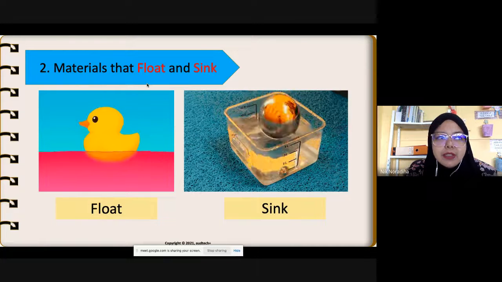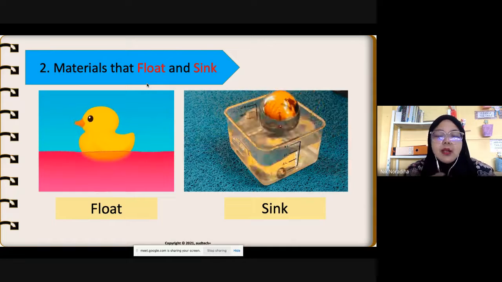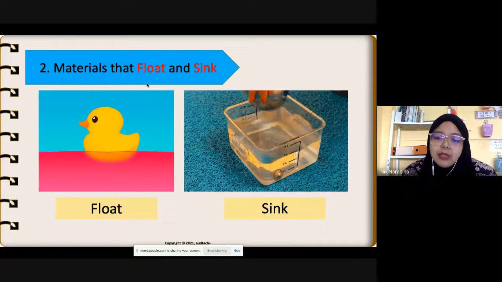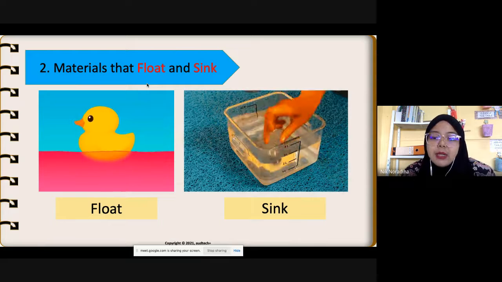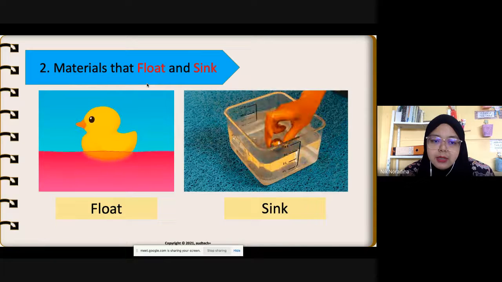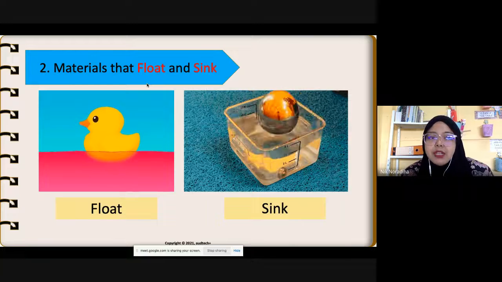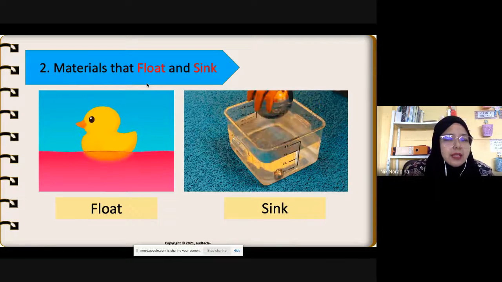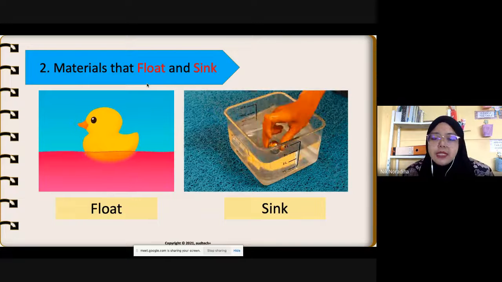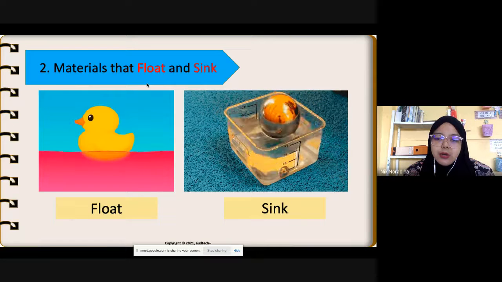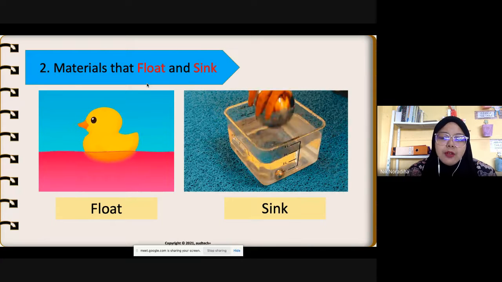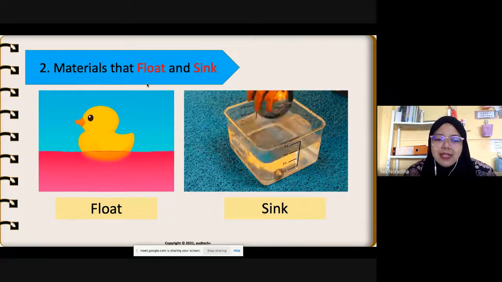It's okay that the microphone is broken. So, materials that can float and sink. We already learned about this before in primary 3 and also in scientific skills. Teacher hopes you won't be confused anymore about floating and sinking materials.